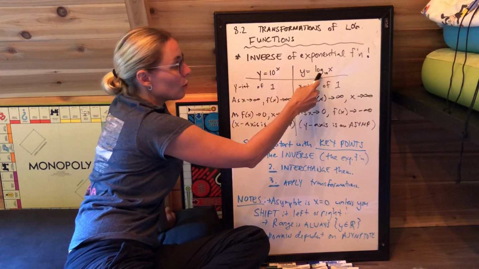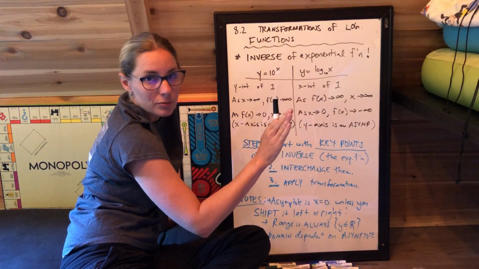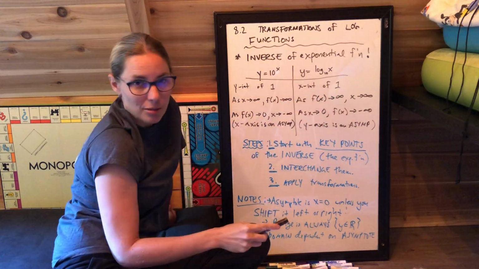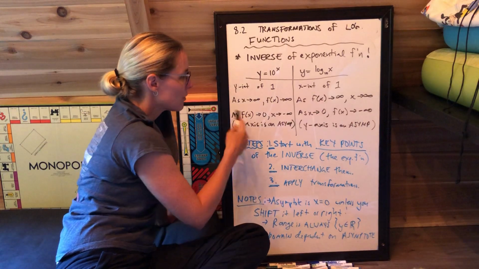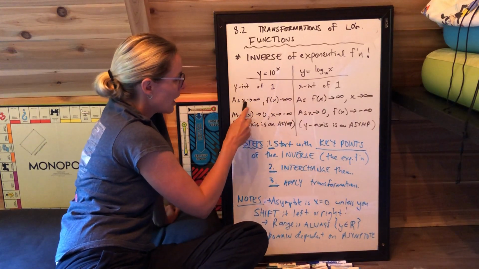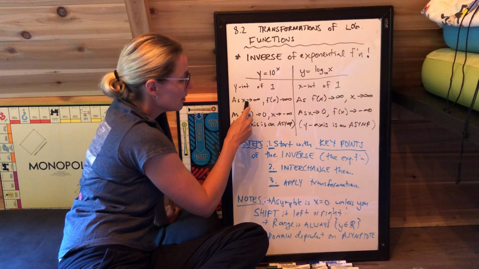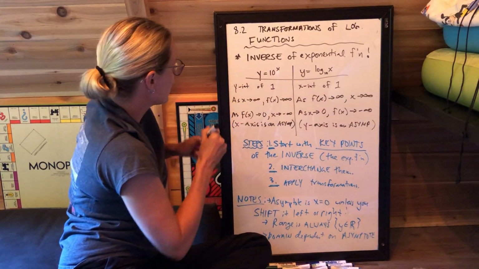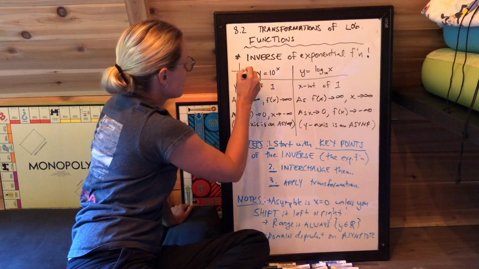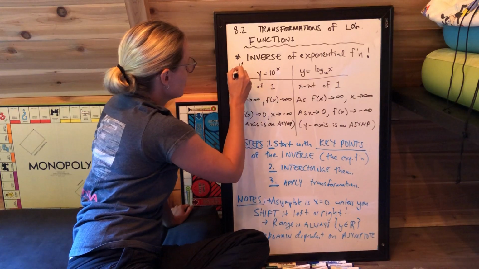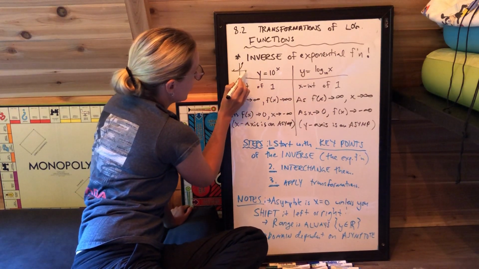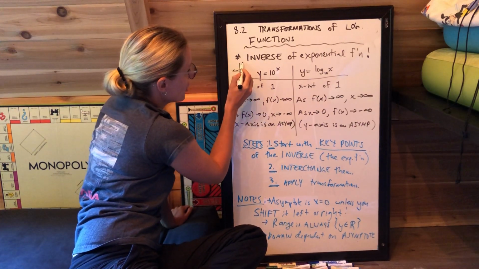That means all logarithmic functions that haven't been transformed have an x-intercept of 1. As far as their end behavior, as x is approaching infinity, remember what this looks like in general. If I just draw a tiny sketch, it goes like this. So as x is approaching infinity, getting larger and larger, so is the function.